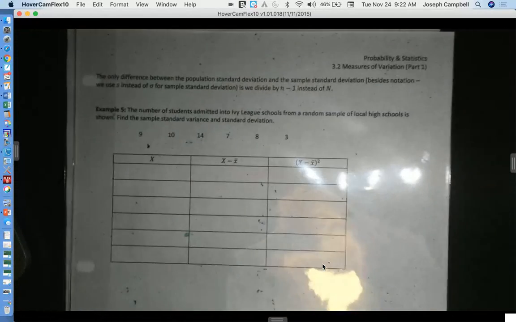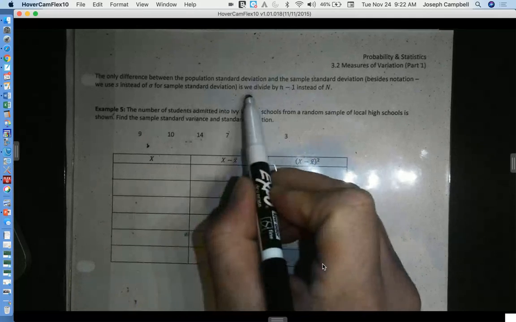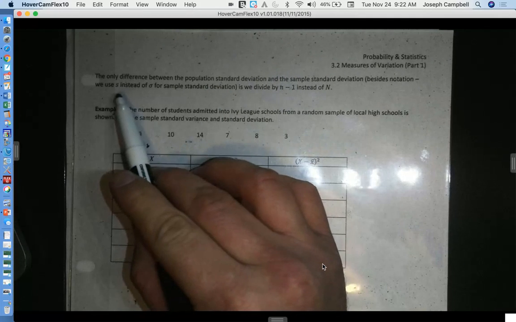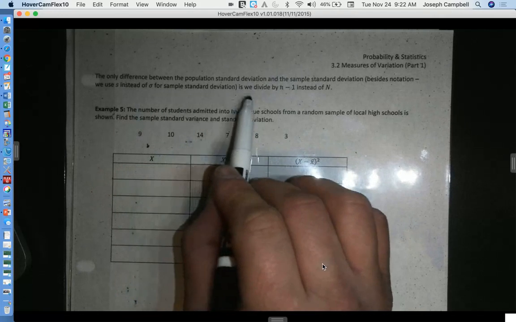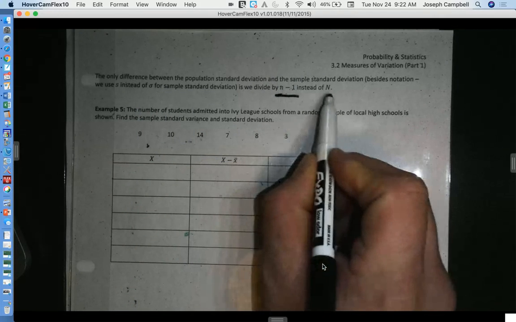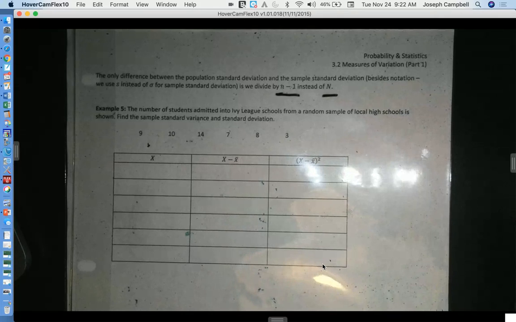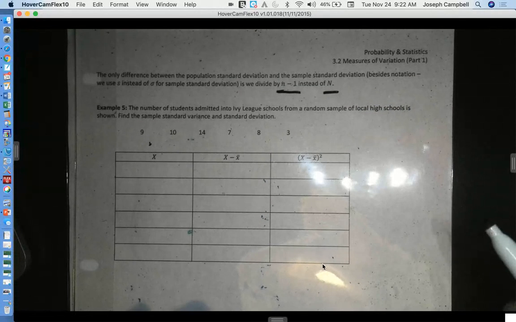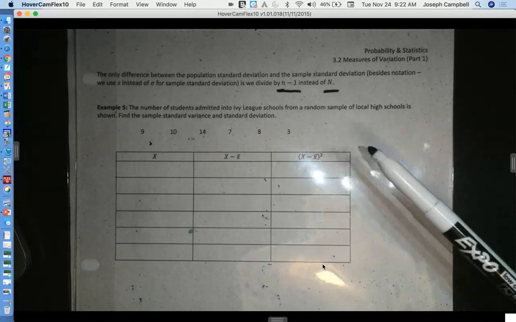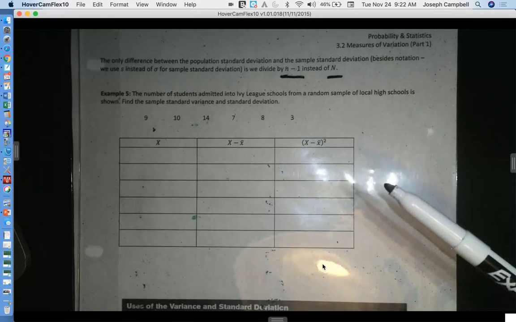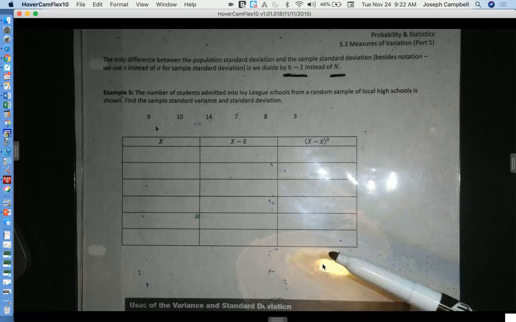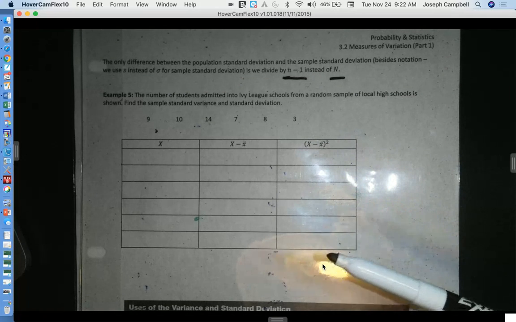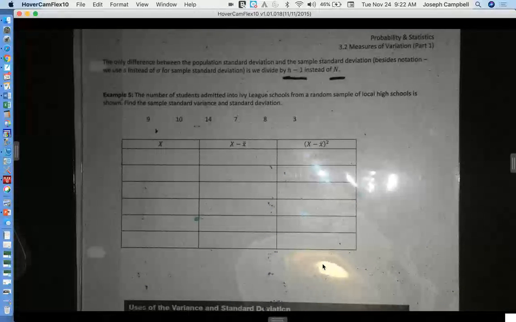Okay. So the only difference between the population standard deviation and the sample standard deviation, besides the notation, where you're using S instead of sigma, is we divide by n minus 1 instead of n. Now, the reason for this is not just because someone decided that. All of these calculations derive from calculus and calculus derivations of how we would define theoretical distributions.